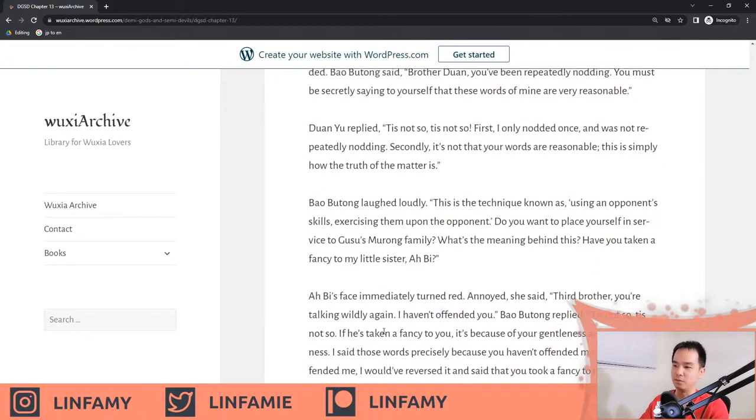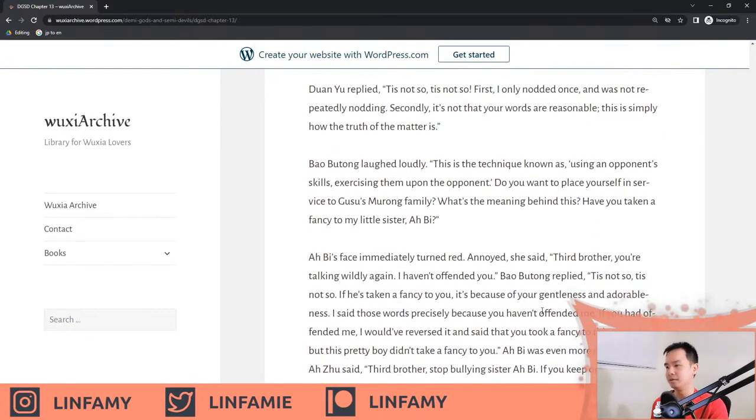Abi's face immediately turned red. Annoyed, she said, "Third brother, you're talking wildly again. I haven't offended you." Bao Butong replied, "'Tis not so, 'tis not so. If he's taken a fancy to you, it's because of your gentleness and adorableness. I said those words precisely because you haven't offended me. What? If you had offended me, I would have reversed it and said that you took a fancy to this pretty boy, but this pretty boy didn't take a fancy to you."